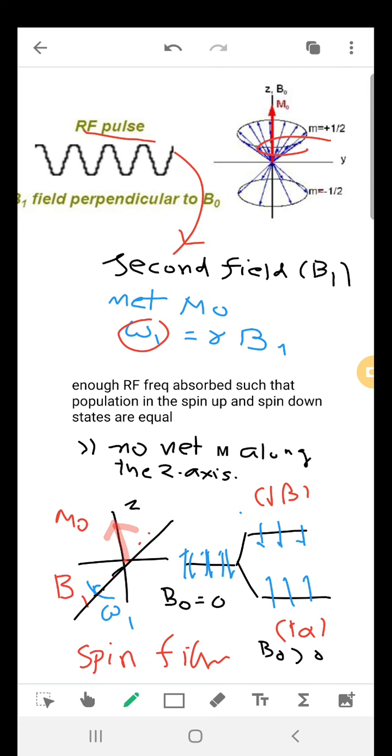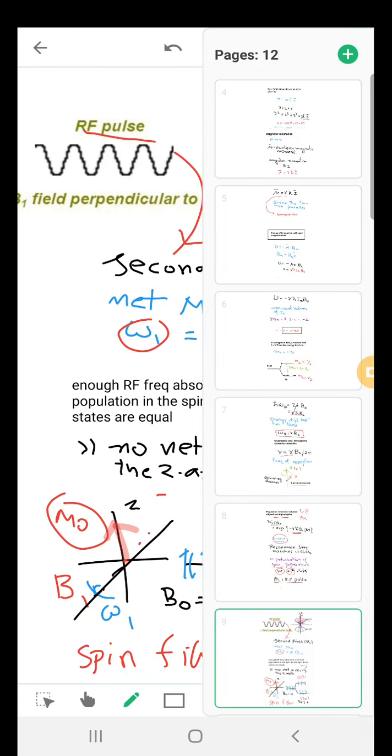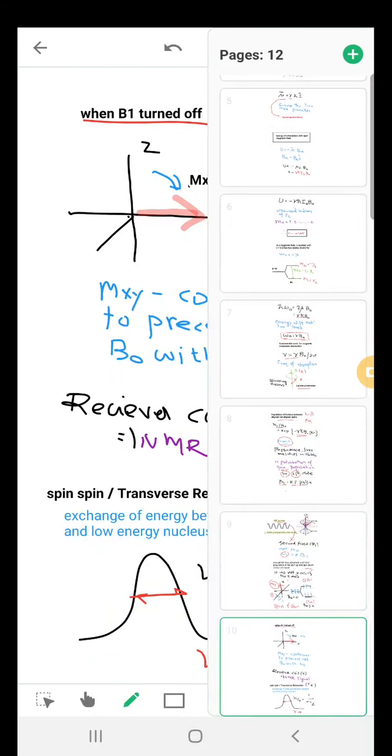After the spin flip, the population in both states is equal, so there is no net magnetization along the z-axis. The net magnetization is the initial magnetization M0.